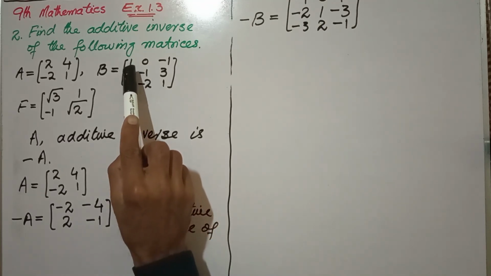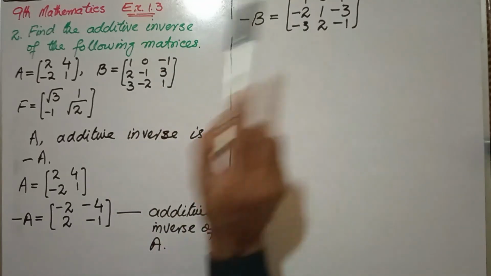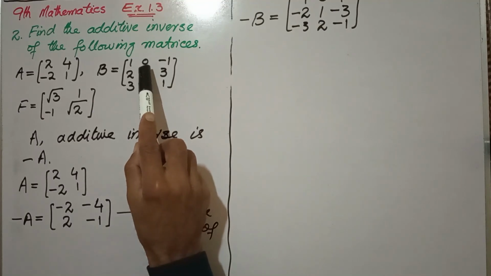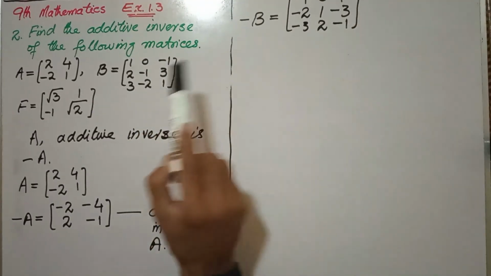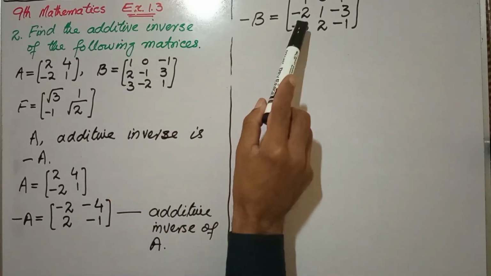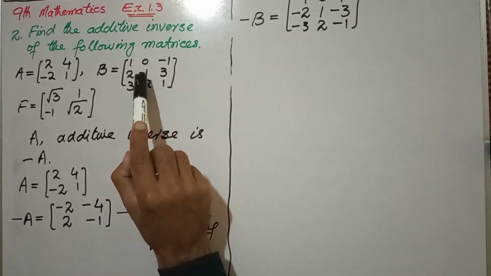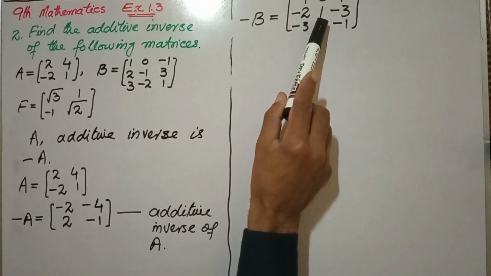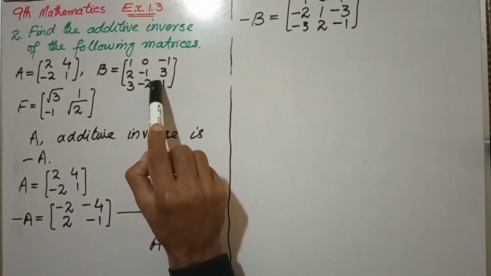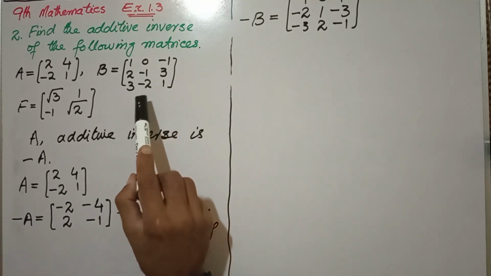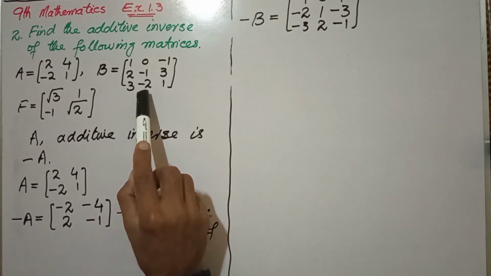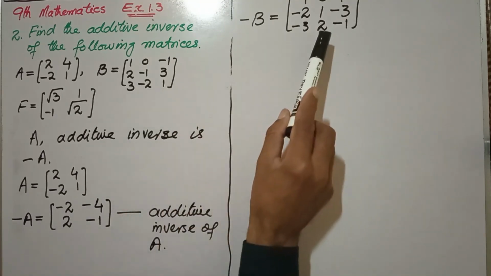We know that the additive inverse of 1 is negative 1, and 0 is neutral. Then the additive inverse of negative 1 is positive 1, the additive inverse of 2 is negative 2, the additive inverse of negative 3 is 3, and the additive inverse of negative 2 is positive 2.